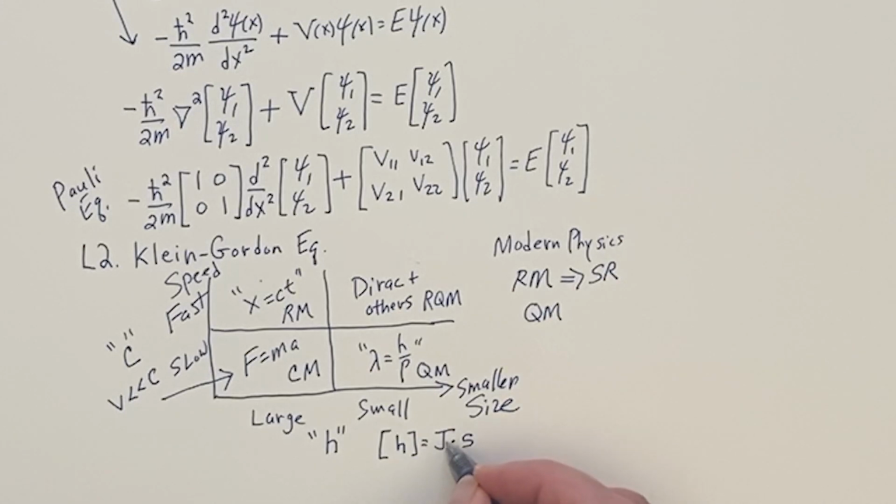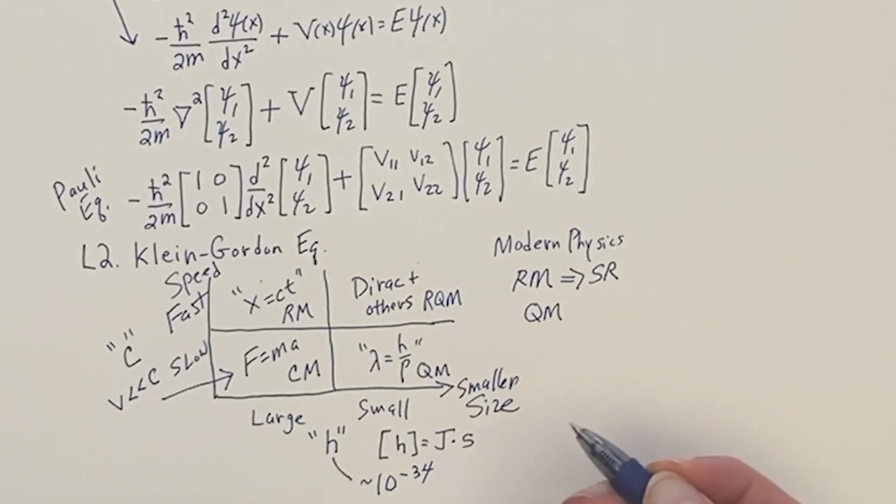So if you were to find a characteristic energy of your system in joules and multiply by a characteristic time, say the time of the interaction, then for it to be really small, this is of the order of 10 to the minus 34th joule seconds.